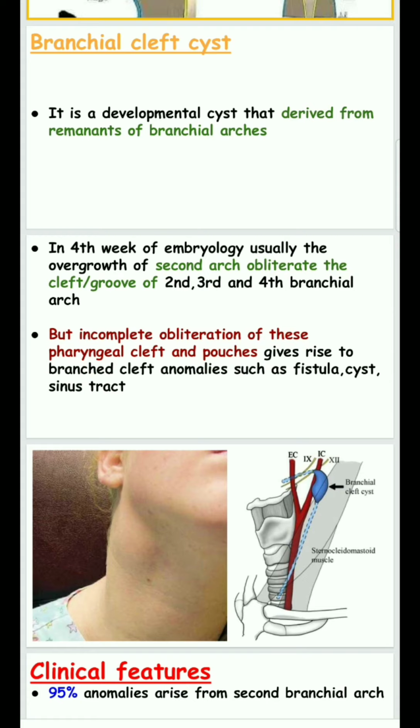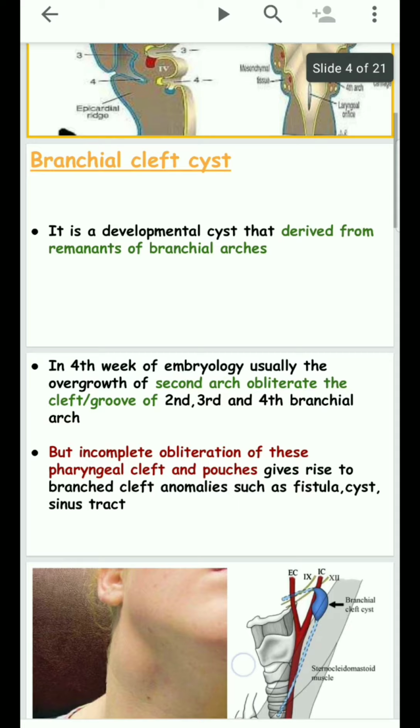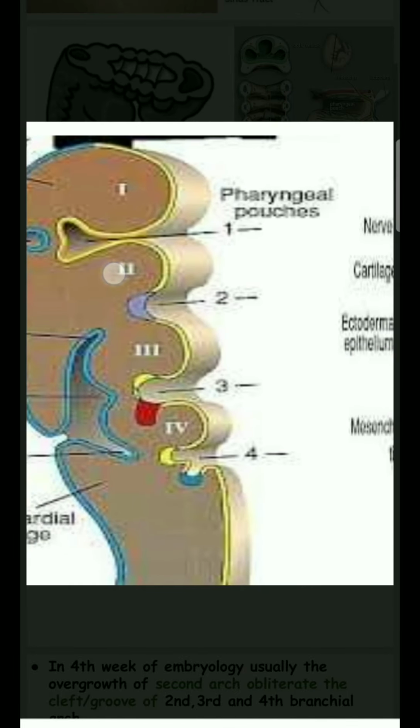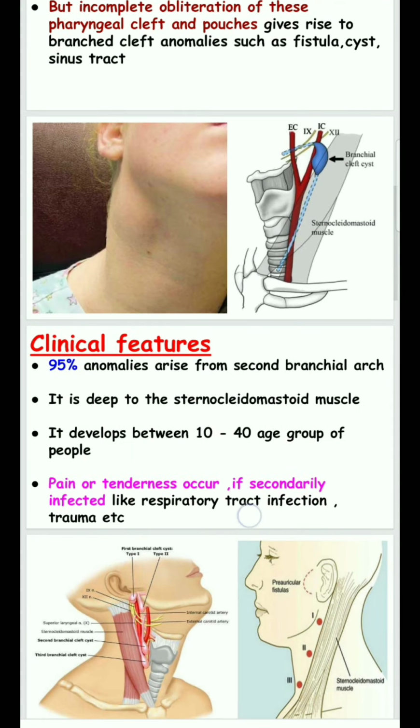But incomplete obliteration of these pharyngeal clefts and pouches gives rise to branchial cleft abnormalities such as fistula, cyst, and sinus tract. Clinically, 95% of abnormalities arise from the second pharyngeal arch.